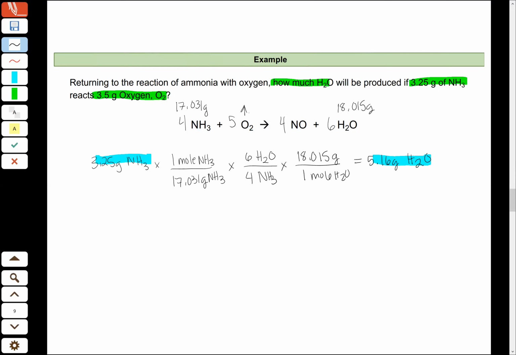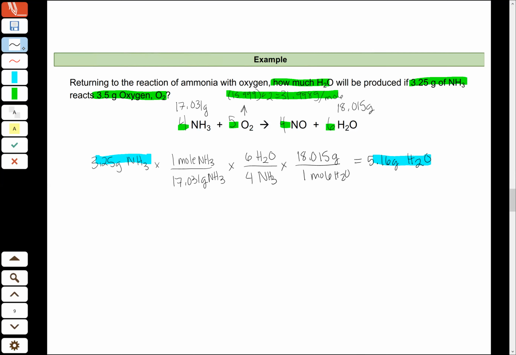For oxygen, we're going to calculate it from 15.999, that's the mass of each oxygen atom, times 2, which is going to be 31.998 grams per mole. So we'll use that as well as our coefficients.